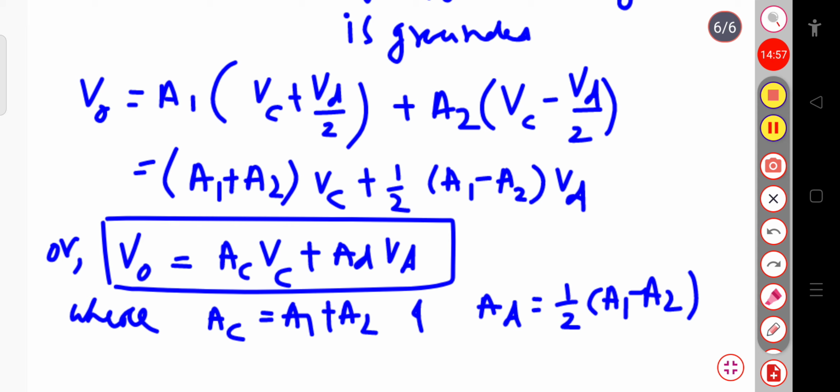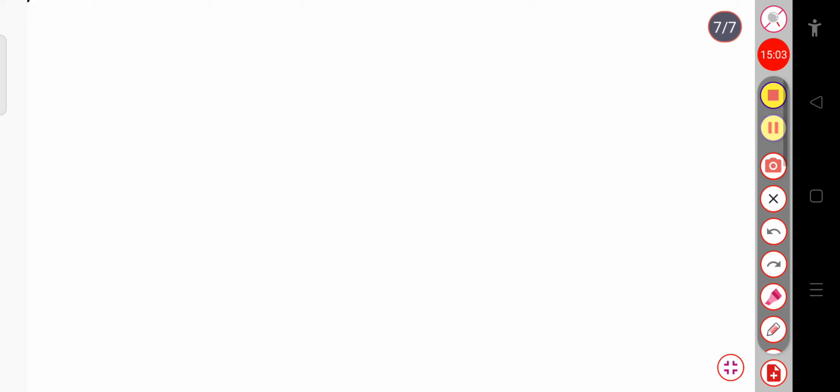Now what is the CMRR? CMRR is nothing but the ratio between AD and AC. So we can write CMRR equal to AD divided by AC.